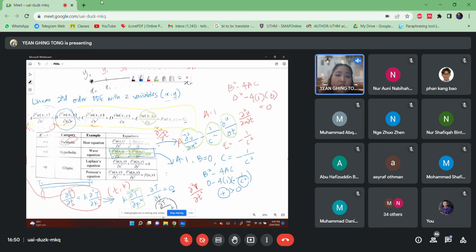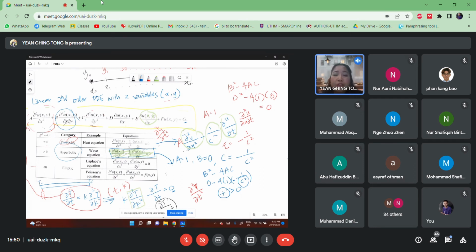So that is hyperbolic. Okay. So Laplace and Poisson are when B square minus 4AC is less than 0.